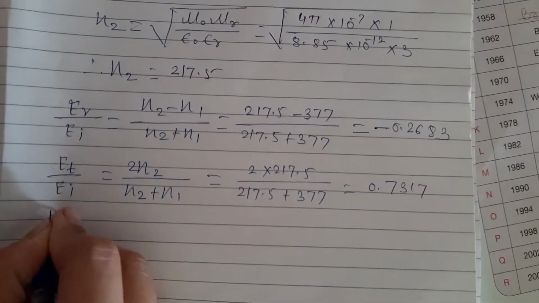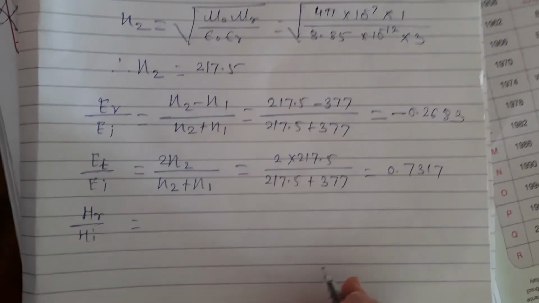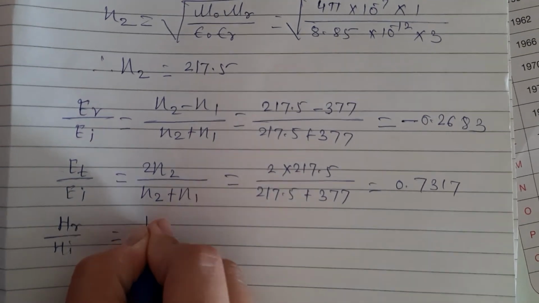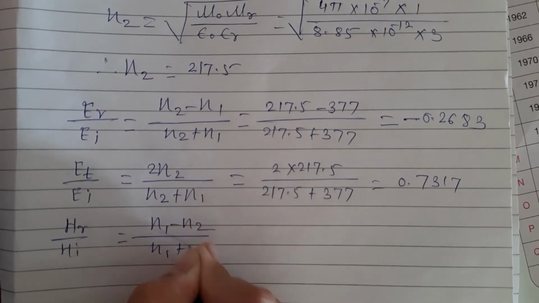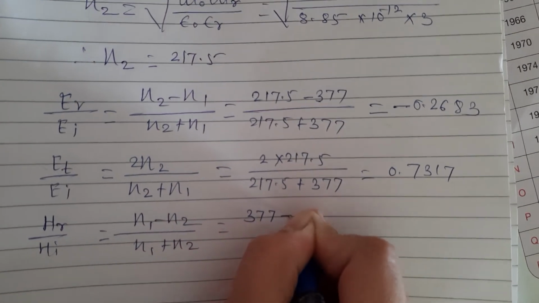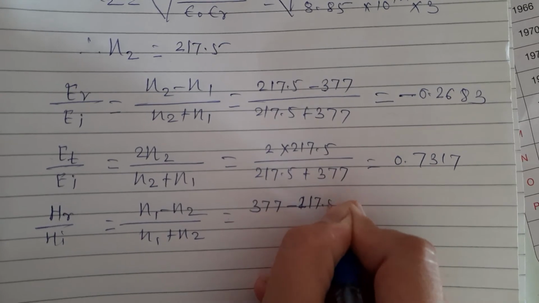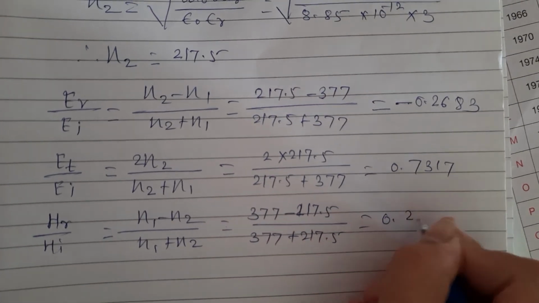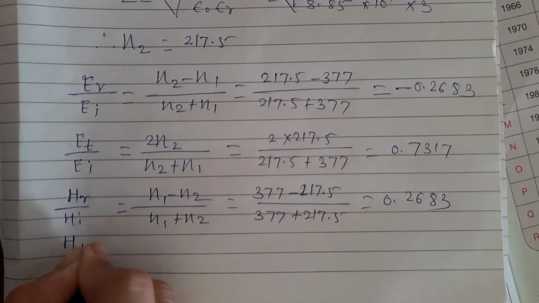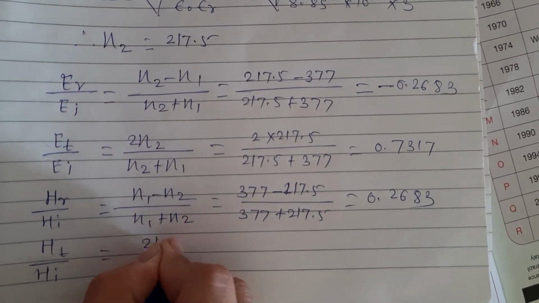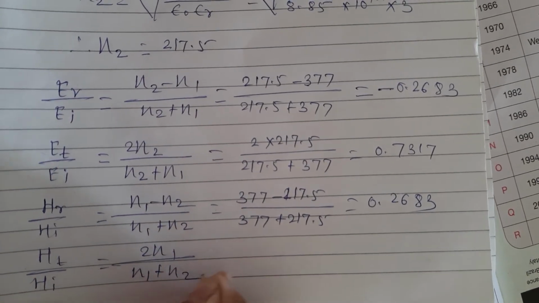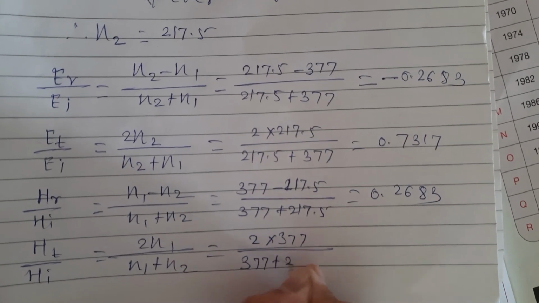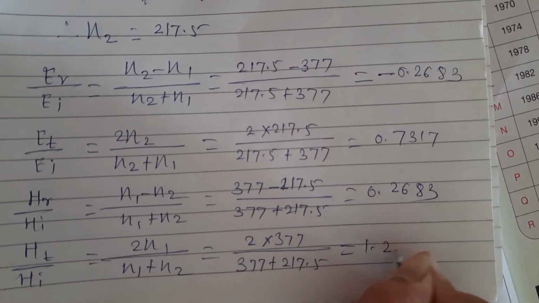Next is HR by HI, it is 0.2683, and HT by HI is, so it is 2 into 377 divided by 377 plus 217.5, it is 1.2683.